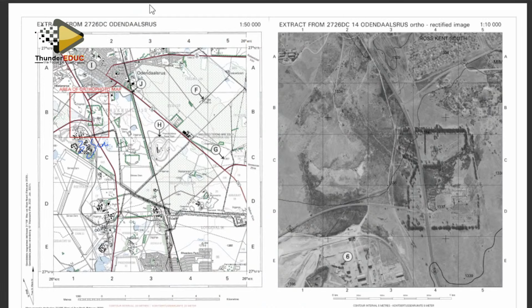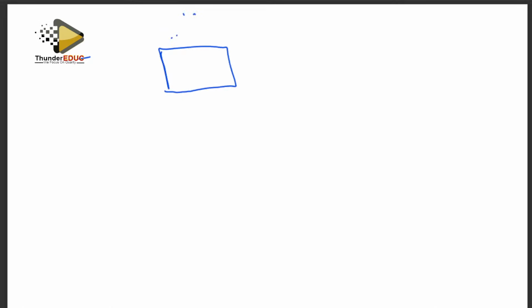Let's quickly go to the map. The longest part is given, 3.7. So this part here is 3.7 centimeters. We need to measure this from here to here. Let's take an example. Let's say this one is 3.5 after measuring. So please, learners, don't forget that we have to measure that distance.